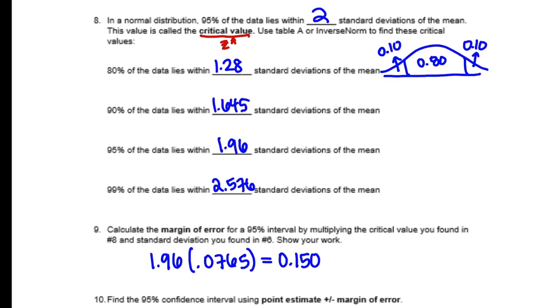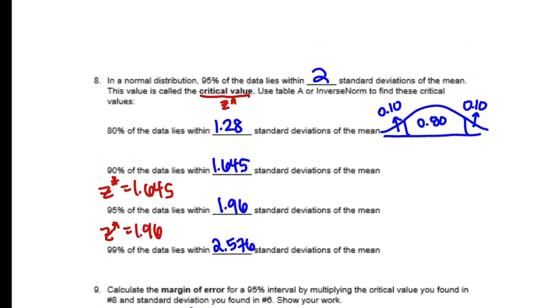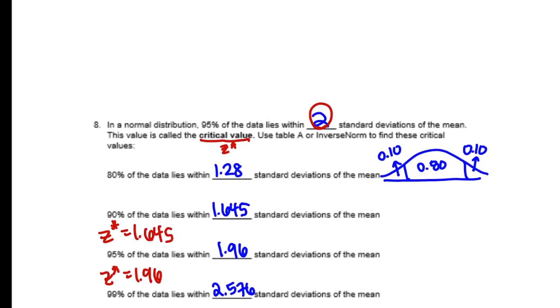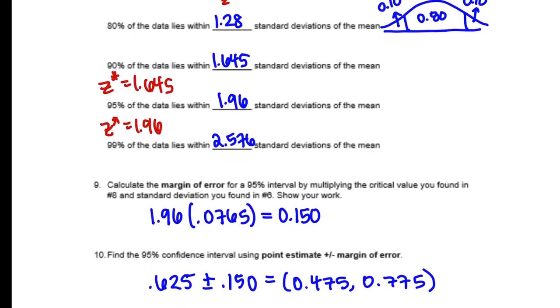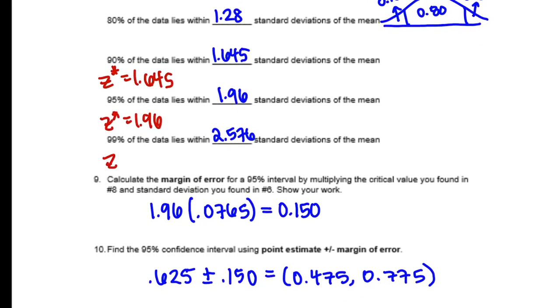particular confidence level. And so if we have 90%, our z-star will always equal 1.645. 95% is 1.96, which should be pretty close to the 2 right here. 2 is an estimate, 1.96 is exact. And then this last one is 2.576.